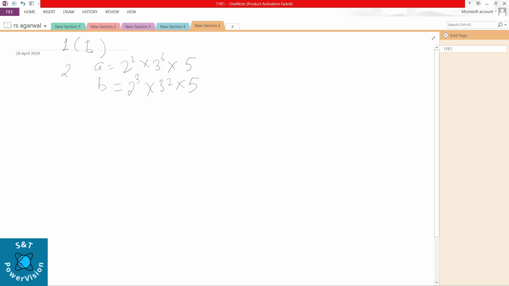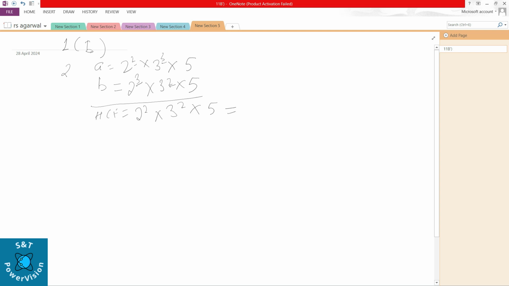Find the HCF of A and B. As I said, we have to take the minimum powers. For 2, the powers are 3 and 2, so take 2 square. After that, for 3, the powers are 3 and 2, so we'll take 3 square into 5.